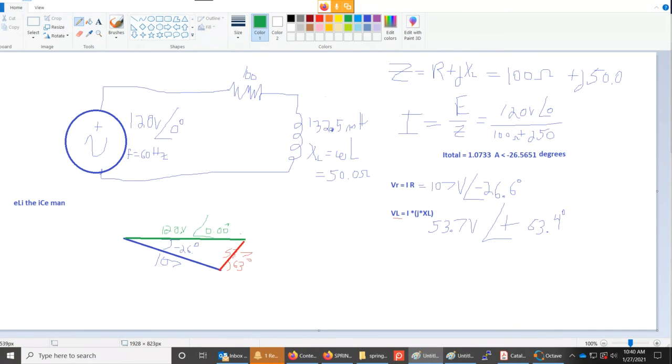That's supposed to be a 2 here. All right, so again, this is Kirchhoff's voltage law. We have the voltage across the resistor, which is going down at a minus 26.6 degrees.